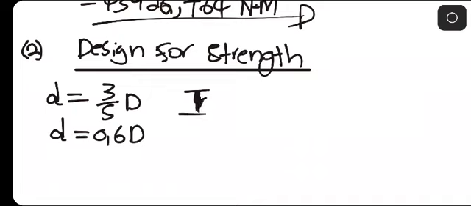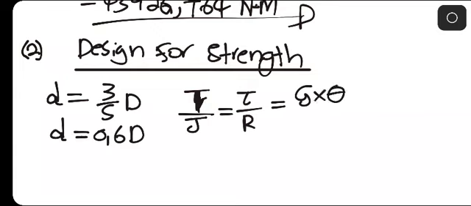Torque over J, the one we've discussed, is equal to shear stress over the radius of curvature, which must be equal to the rigidity multiplied by the angle of twist over the length of the shaft.